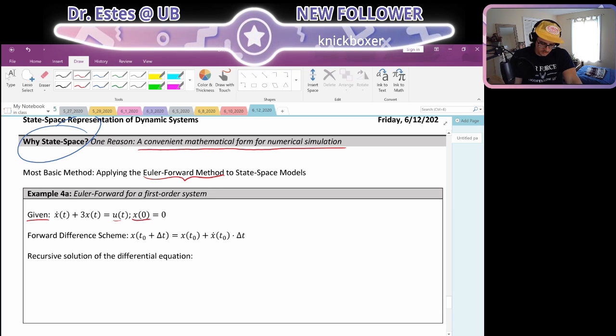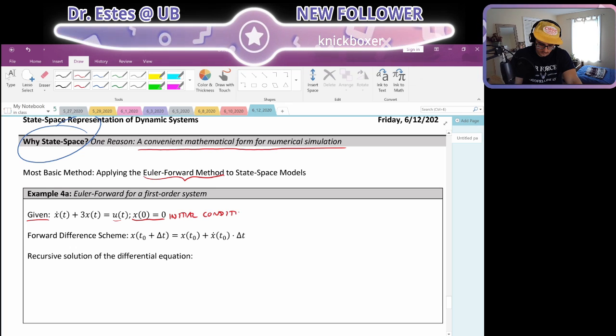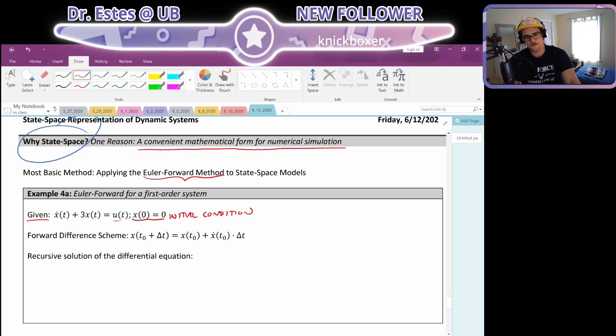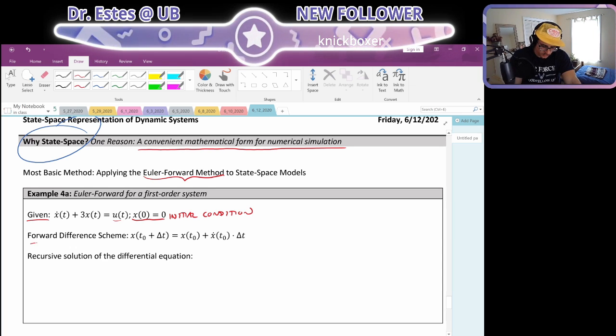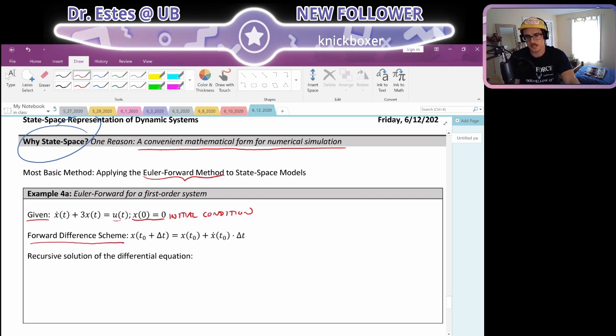And here's our initial condition. All right. Let us consider the forward difference scheme.